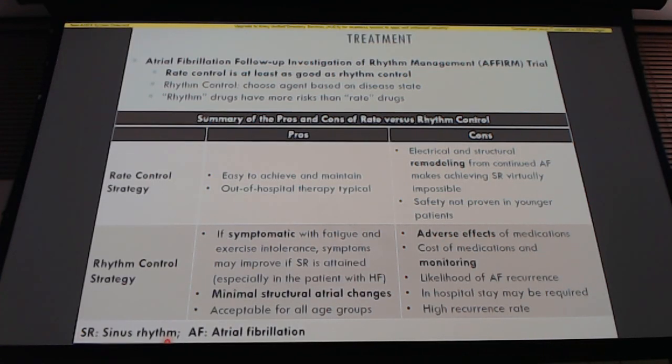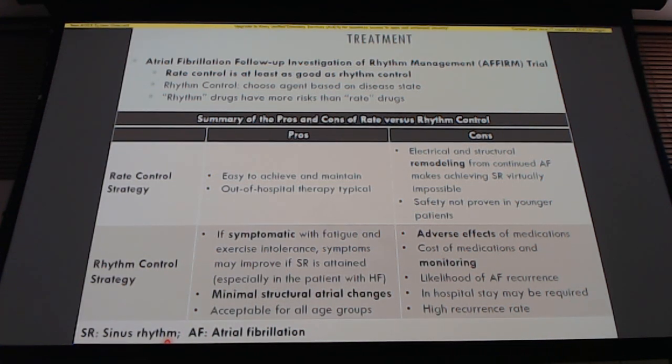There was another trial that we had called the PHARM trial, and what they were doing was looking at what is better for us to do. Is it better for us to rate control our patient, or is it better for us to rhythm control our patient? And this honestly just depends on the patient, what their desire is to have done, if anything, because some patients are perfectly fine and they're asymptomatic.